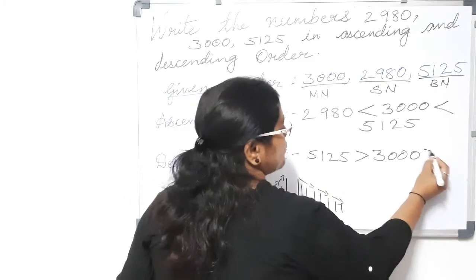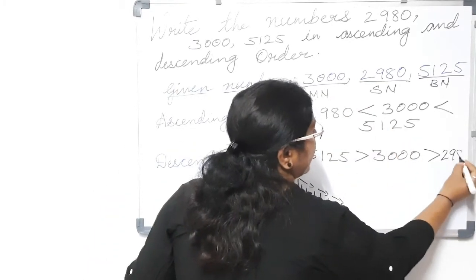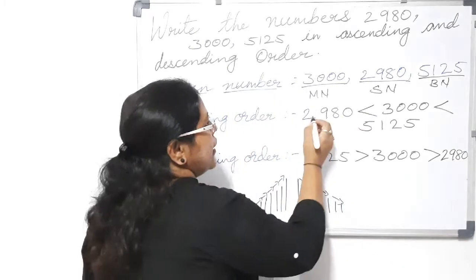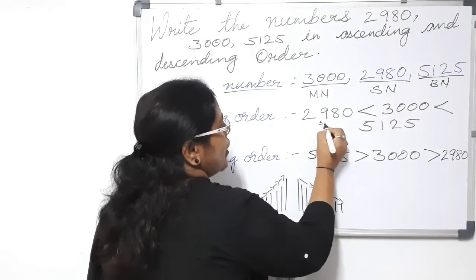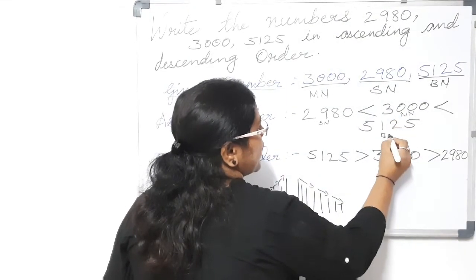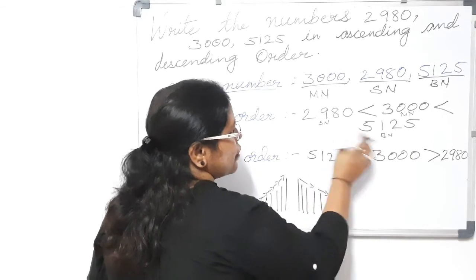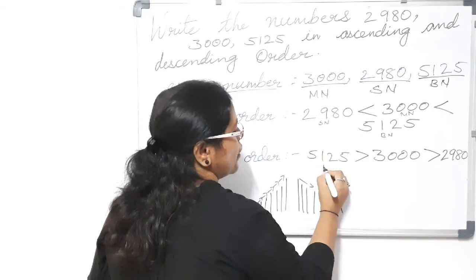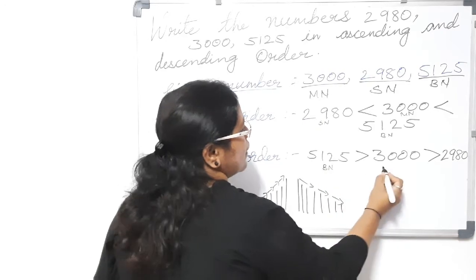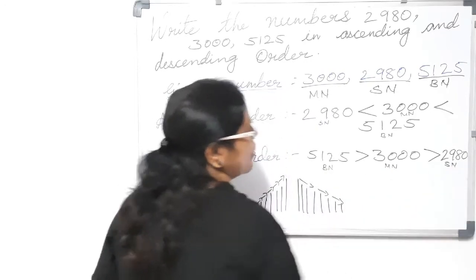And then 3000 is greater than 2980. So here this is the smaller number, this is the middle number, and this is the biggest number. Here also this is the reverse of ascending order, that is the biggest number, then the middle number, and the smallest number.